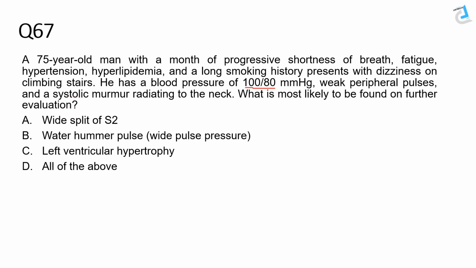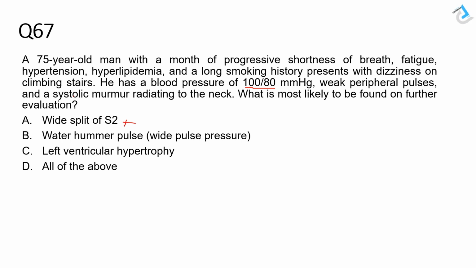But wide splitting can happen in conditions like, for example, more delay of closure of the pulmonary valve because of pulmonary stenosis. So that can cause a wide splitting of the S2. But aortic stenosis causes delay in the closure of the aortic valve. Delay in the closure of the aortic valve will make it closer to pulmonary valve closure. So wide splitting is actually the wrong option.